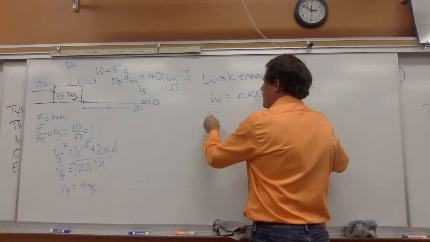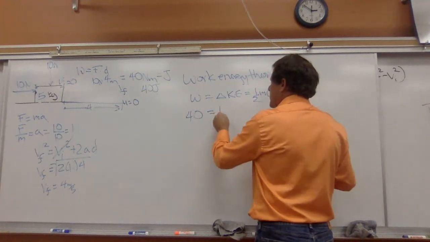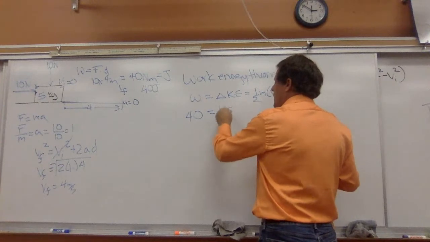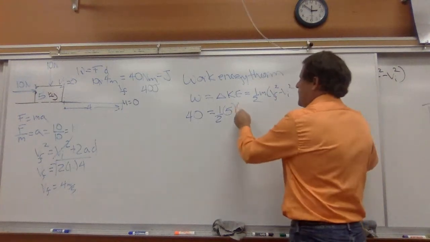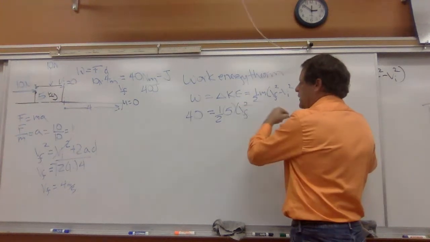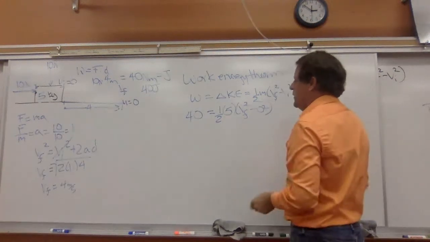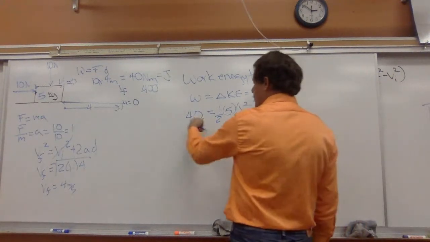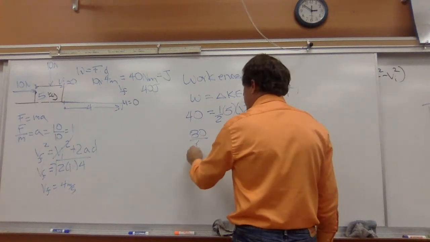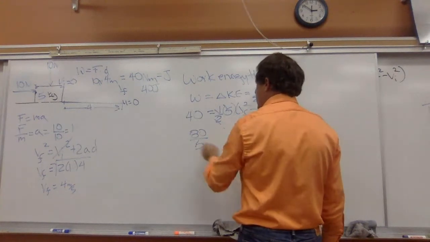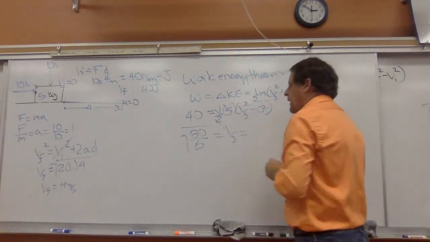Okay, so now we can say our work is 40 joules, and that's going to equal 1/2. Our mass is 5, and our final velocity we are looking for, but we know our initial velocity was 0, and therefore we can move this half over, and we're going to get 80, and then we're going to divide by 5, and then we're going to take the square root, and we're going to end up with V final.